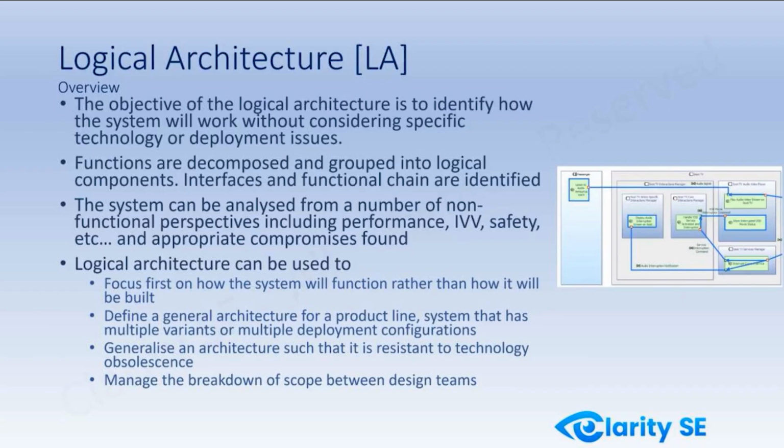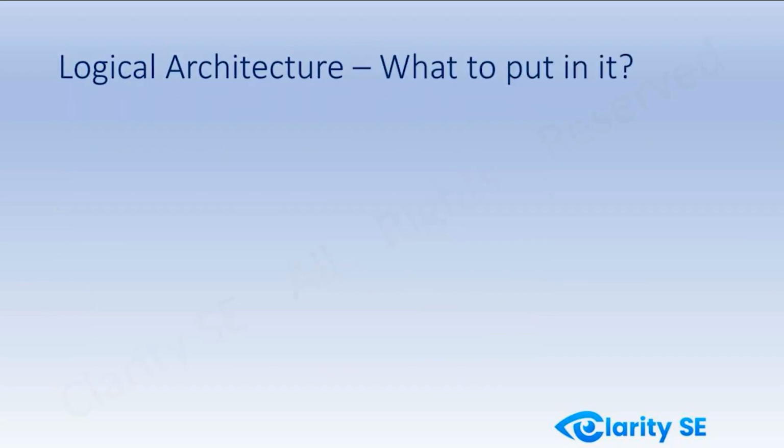It can also be useful in generalizing an architecture. If you have a lot of similar systems that are of the same solution class or product line, you can build a more generic solution using a logical architecture. And you can do a few other things like manage scope between design teams, and we'll talk about that a little bit more now.